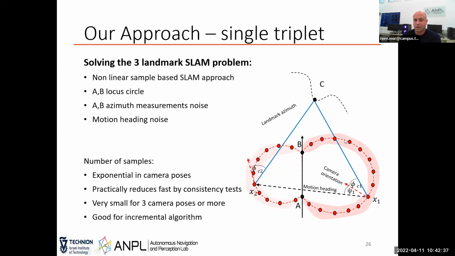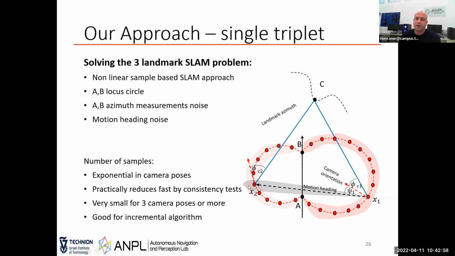So the sampling is going to have some thickness. It's going to be like a sleeve around the locus circle. And we also sample the motion heading. Okay, so we have a reading of the motion heading from camera 1 to camera 2, and we assume we have some noise. So we make it a little thicker.